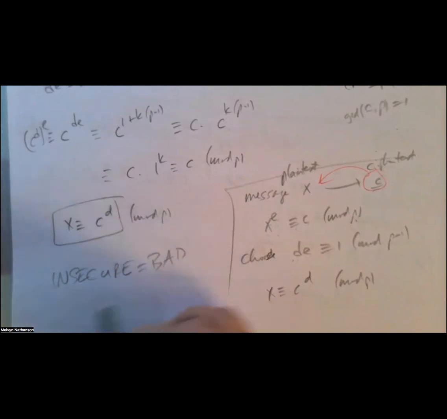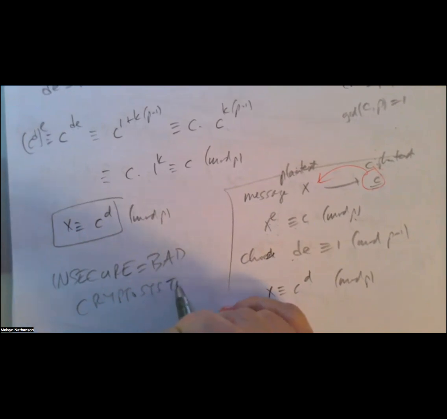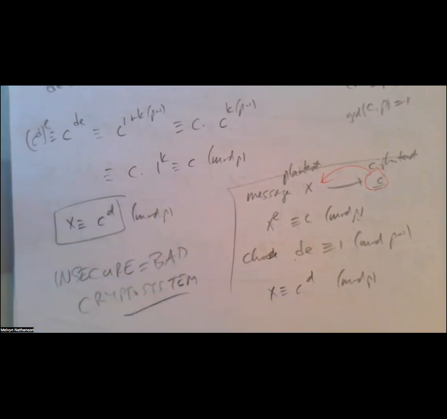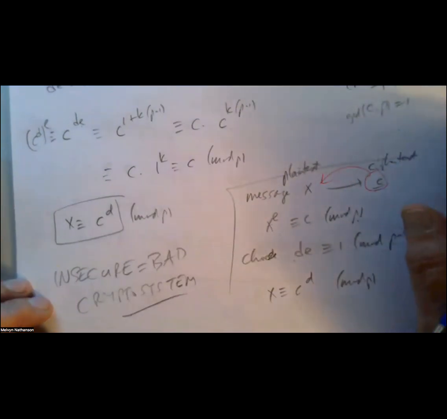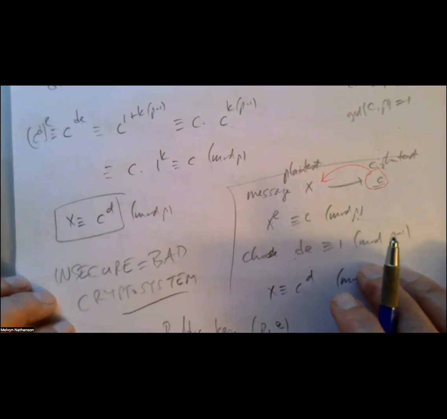which means a bad crypto system. If you encrypt by raising your plain text to the power e mod p, it's easy to decrypt that. The public key, which you would send to everyone in this case, would be the prime p and the encryption exponent e.